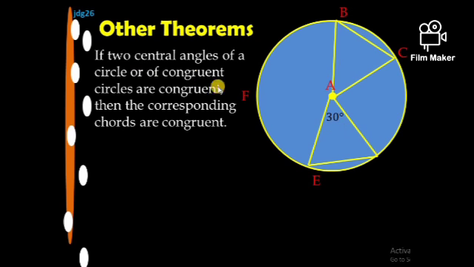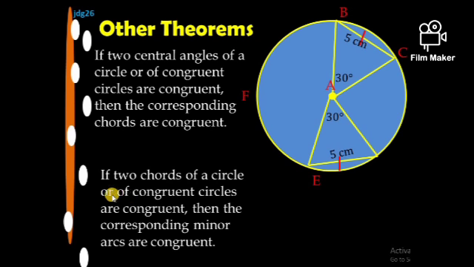So, according sa theorem, kung daw ang central angles ay congruent, so let's say they are both 30 degrees, therefore, the chords are also congruent. Nasaan ba yung mga chords? Ang chords natin ay itong part na to and this one. So since the two central angles are equal, therefore, the two chords are also equal or congruent. Ang ibig sabihin, kung ano ang measure, let's say this is 5 centimeters, therefore, the other chord is also 5 centimeters.